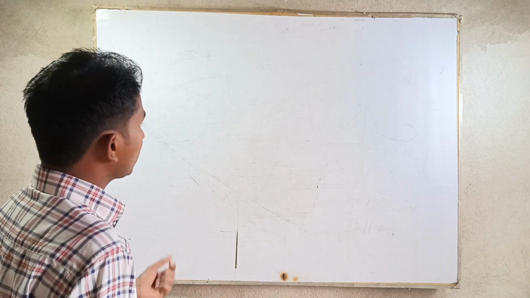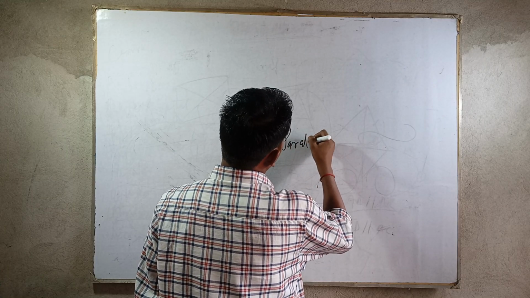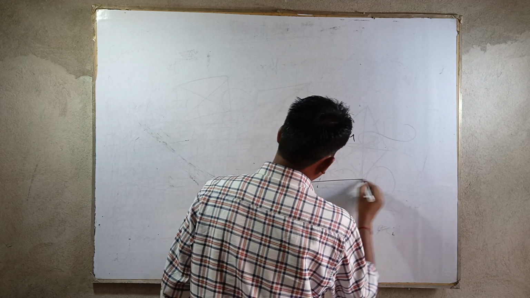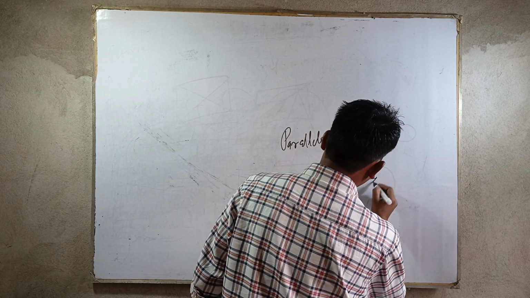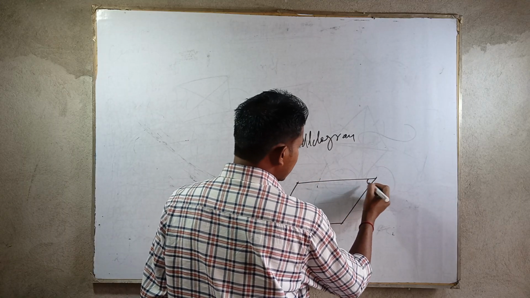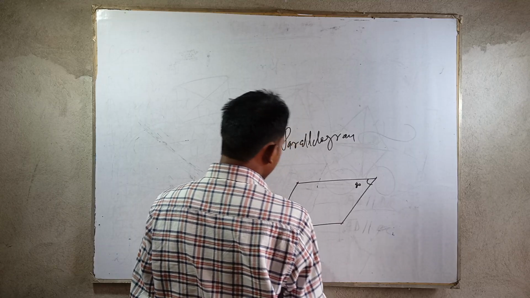You would also have seen the properties of a parallelogram. What are its properties? In this figure, suppose this is a parallelogram, and sometimes one angle is given as 80 degrees and it asks to find the other angle.